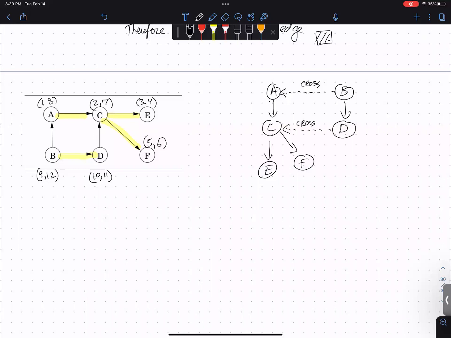Yeah, so different orderings of the vertices will give you different trees. The only thing the theorem states is that because the original graph doesn't have a cycle, your forest is not going to have a back edge. So this is regardless of the ordering of the vertices that you have. But forward and backward edges, that may change depending on how you start.